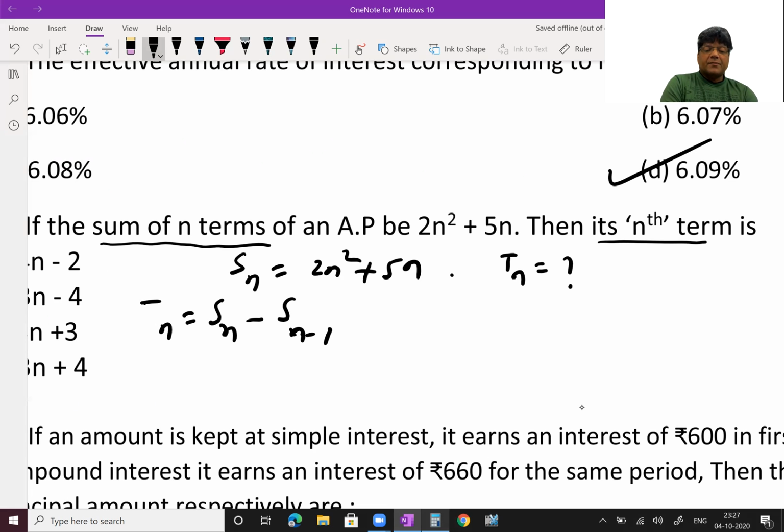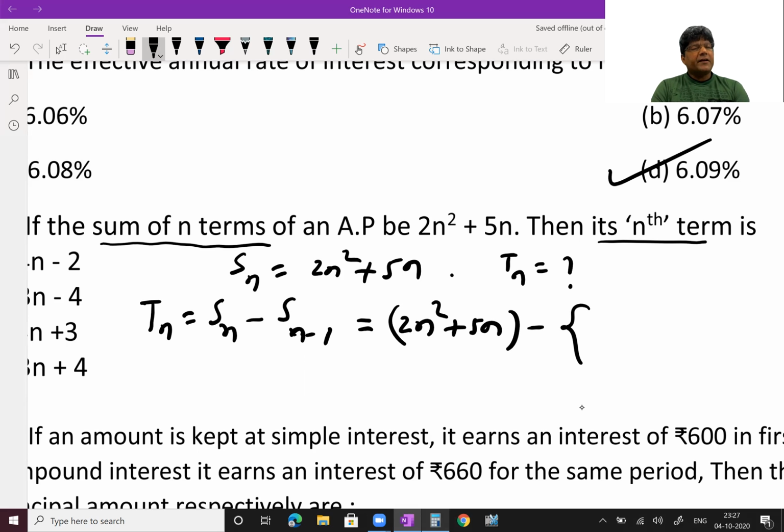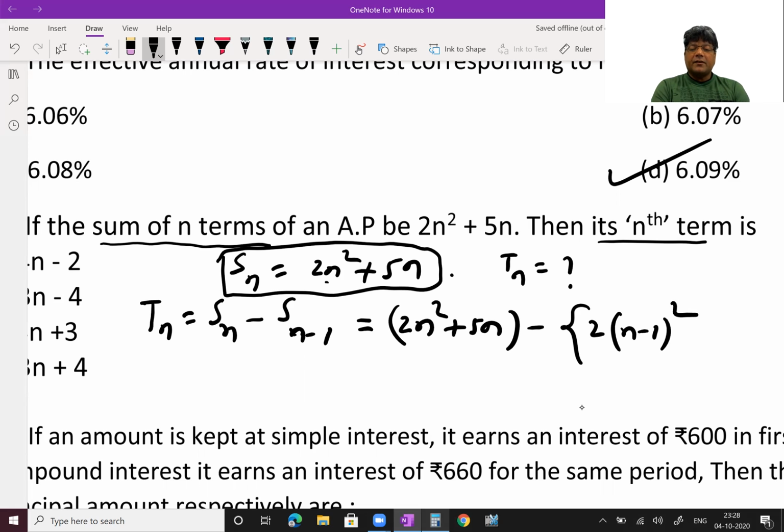When I started this chapter, AP, immediately after that, I did it in class video. Sn is supplied. What is that? 2n square plus 5n minus Sn minus 1. How will we get Sn minus 1? In this given Sn, if we replace n by n minus 1 on both the sides, then we will get Sn minus 1 as 2 into n minus 1 square plus 5 into n minus 1.